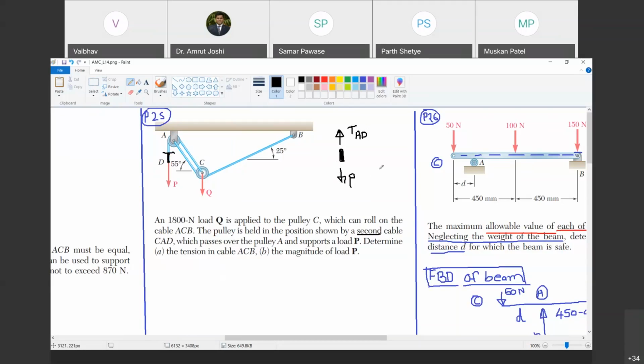As this system is in equilibrium, even this portion is in equilibrium. So therefore, summation Fy must be equal to 0. If you apply summation Fy equal to 0, what do you get? This P must be equal to TAD in magnitude. So what is the tension in this string? As much as P. Are you with me? Yes.